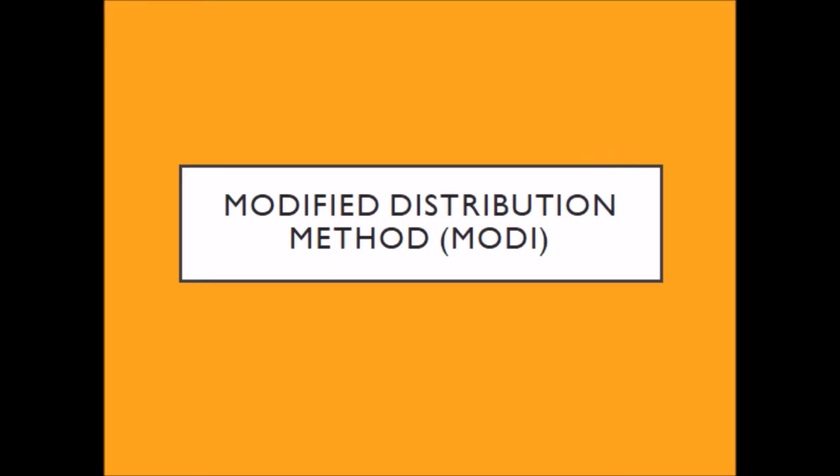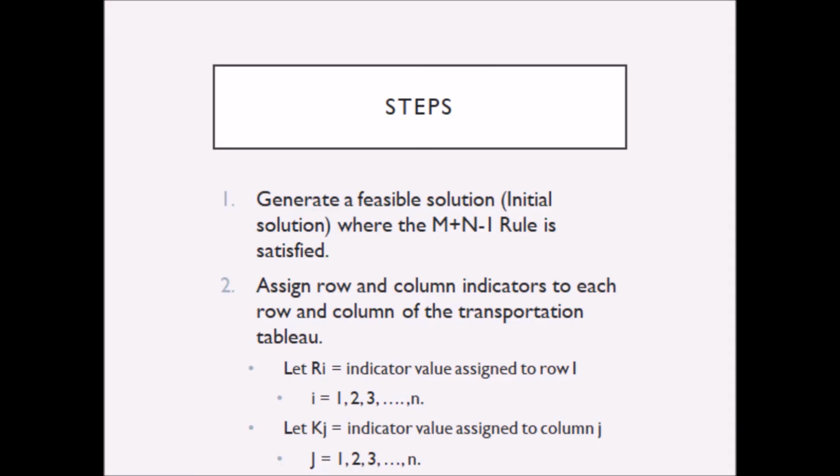Next, we proceed to the modified distribution method, or the MODI method. The steps here are as follows. Number one, you have to generate a feasible initial solution, just like the one we prepared a while ago, which can be either the northwest corner rule, the greedy method, or the Vogel's approximation method.